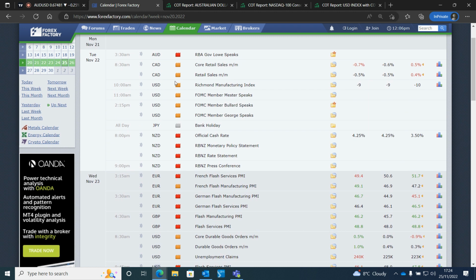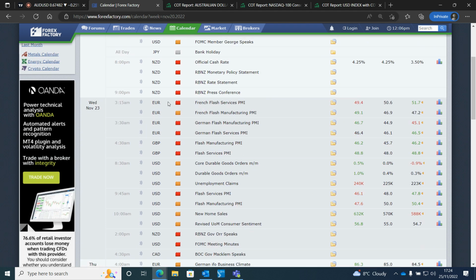On Tuesday, if we're looking at the New Zealand currency, at 8 p.m. we had the official cash rate, a monetary policy statement regarding interest rates and all these things coming out. So if I'm analyzing the market for trades on New Zealand or any currency pairs that are trading in New Zealand or have an impact on it, I would be very mindful around 8 p.m., because any trade I take can be affected, whether positively or negatively.